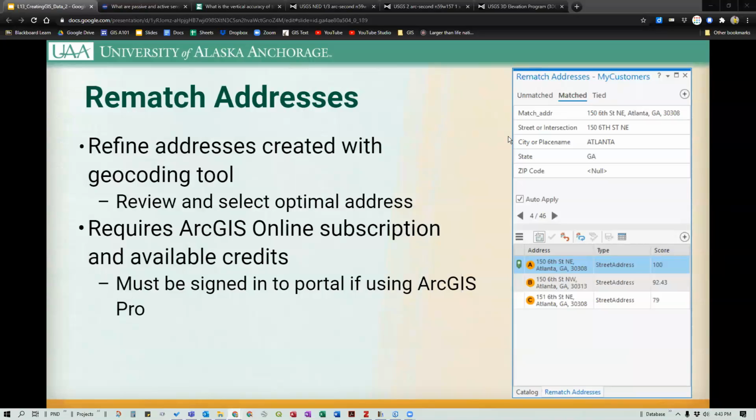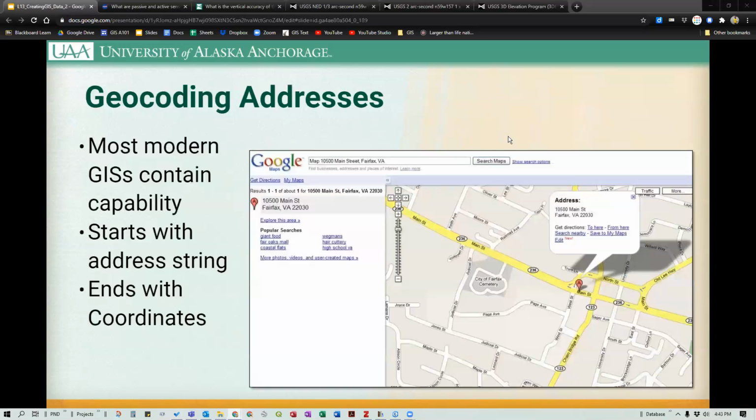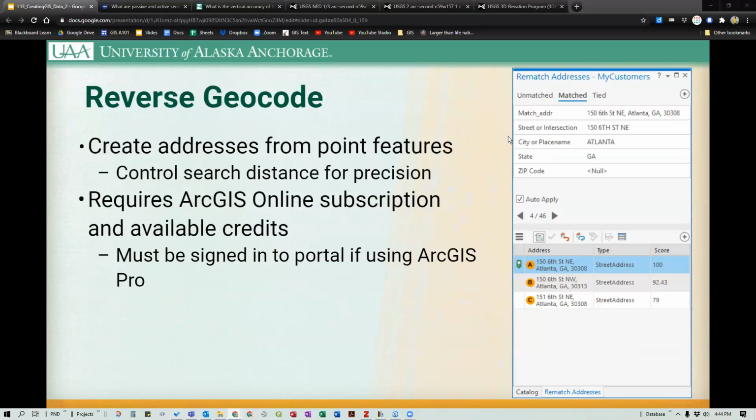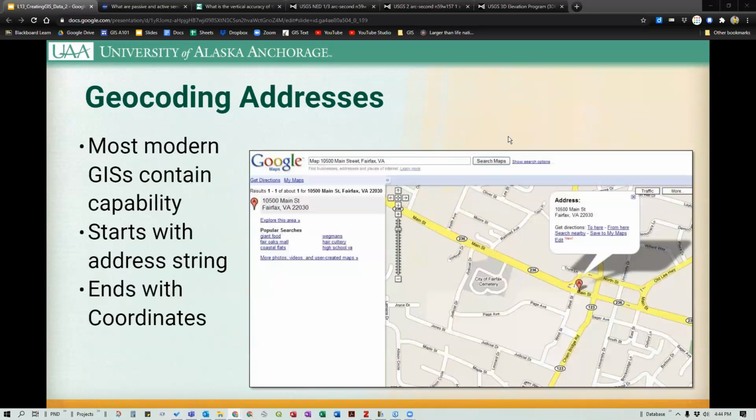So one of the tools built in is a geocode function in ArcGIS, where you import essentially a table that you've laid out containing all of your address information. So you'll have your street address in one column, your city in another column, your state, your zip code, and you'll import that into ArcGIS.